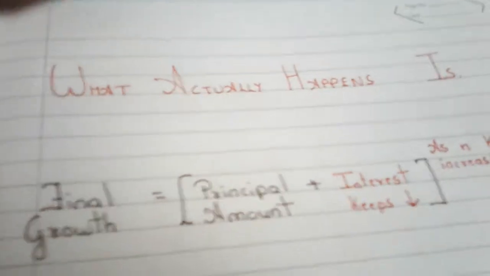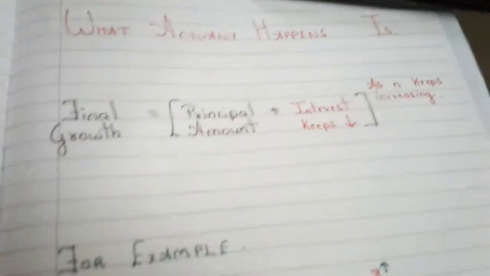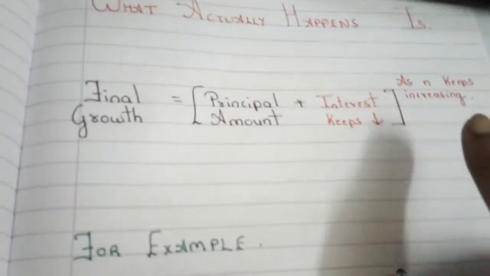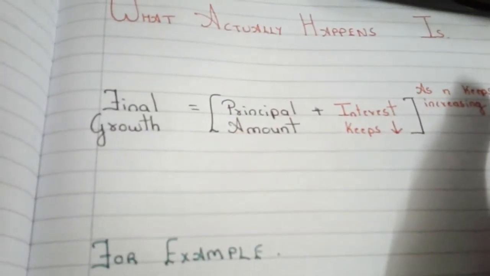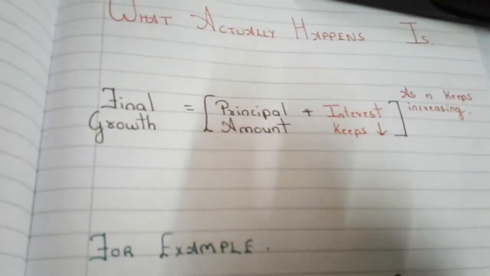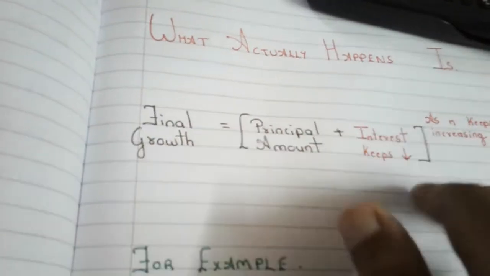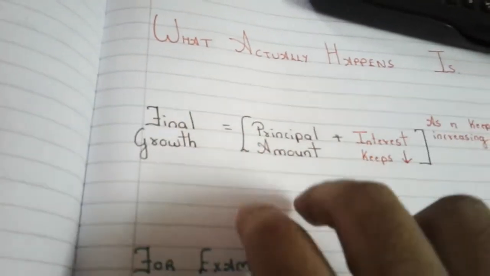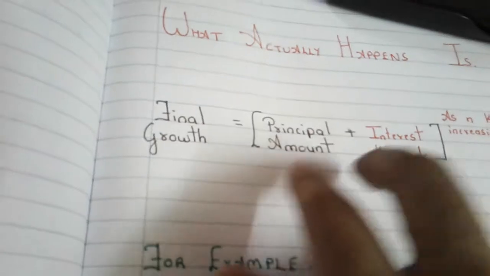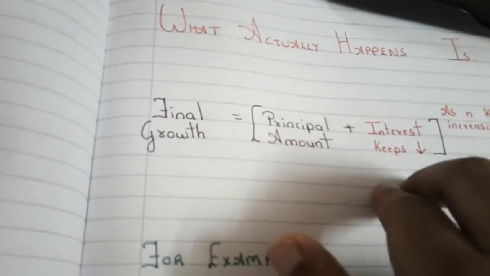The answer is that what exactly happens in this case is that as you keep increasing the value of n, as you keep increasing the number of intervals in which you keep getting interest from the principal amount, that is, the principal amount keeps reproducing itself, and that is how you keep getting the interest.